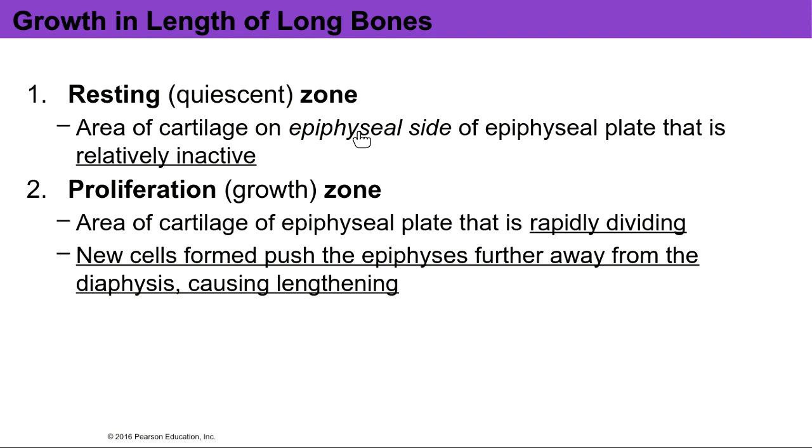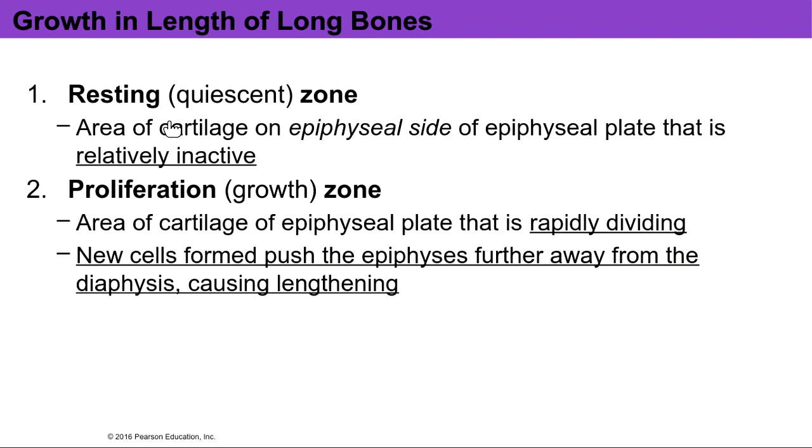The fifth zone, the last zone we're going to see, is going to be closest to the diaphysis. Remember, this is at both ends. So the resting zone is the zone facing the epiphysis on each end, and it's relatively inactive. That's why it's called the resting zone.